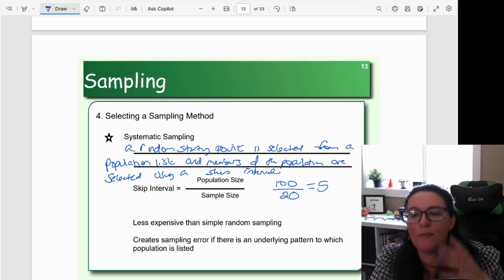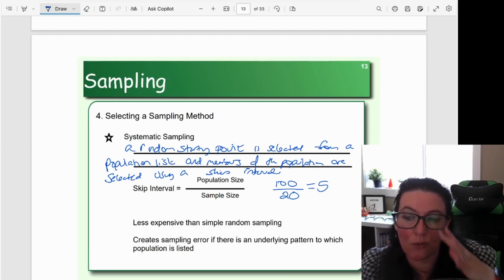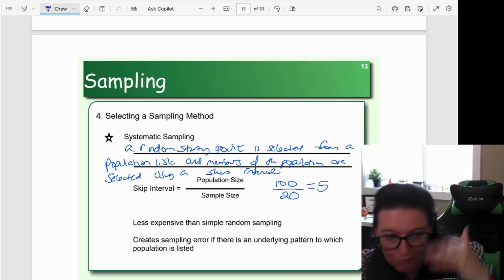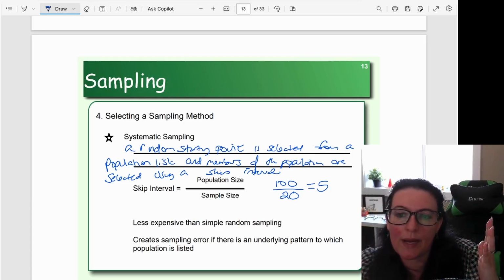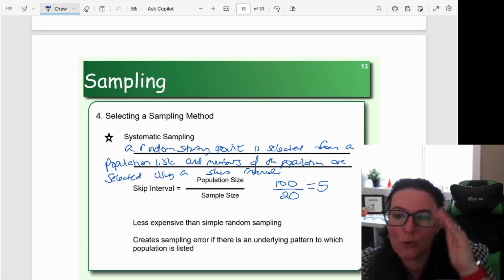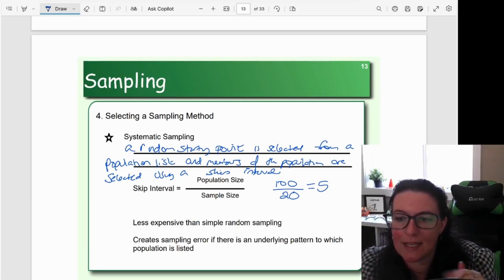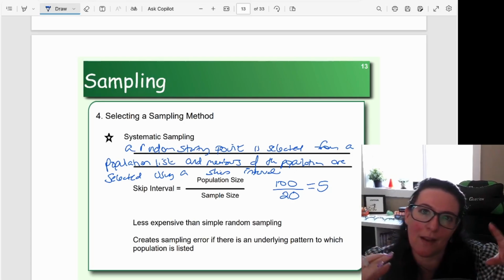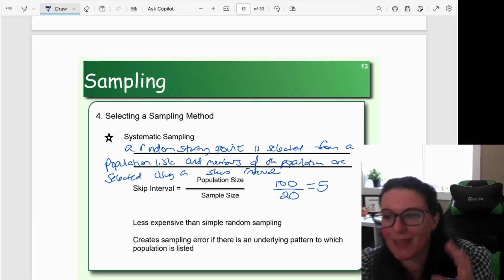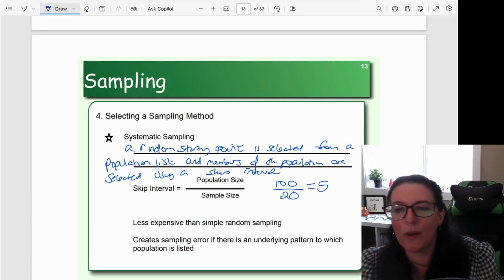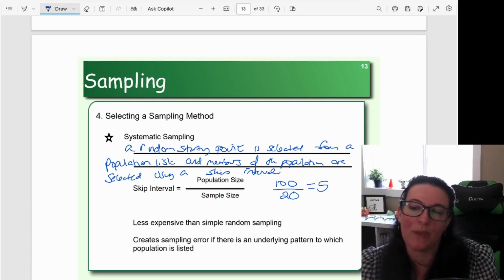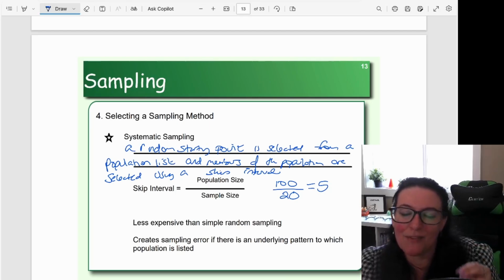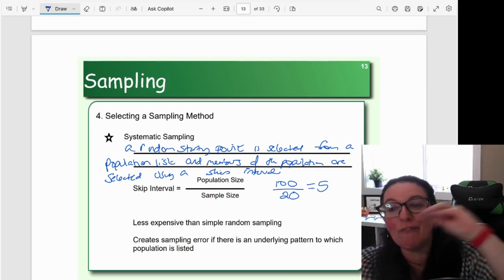Let's say we take the phone book. If we chose every 5th person in the phone book to contact, we would have people right at the beginning of the alphabet and people at the end of the alphabet, so we would have a representative sample. However, not everybody is in the phone book.